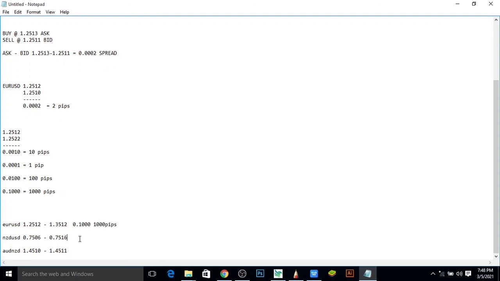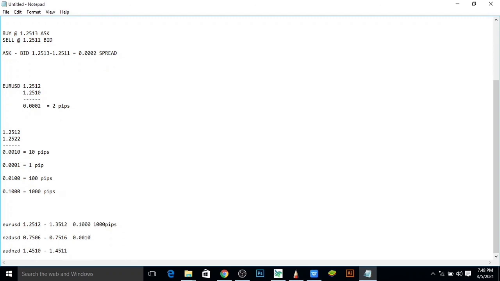Now, price of Kiwi dollar moved from 0.7506 to 0.7516, right? So if you subtract that, what you are going to get is 0.0010.